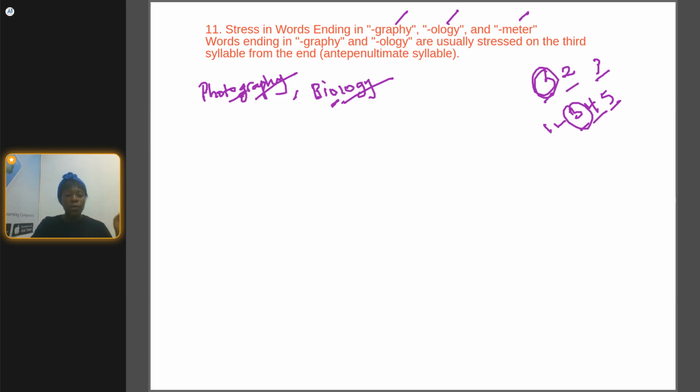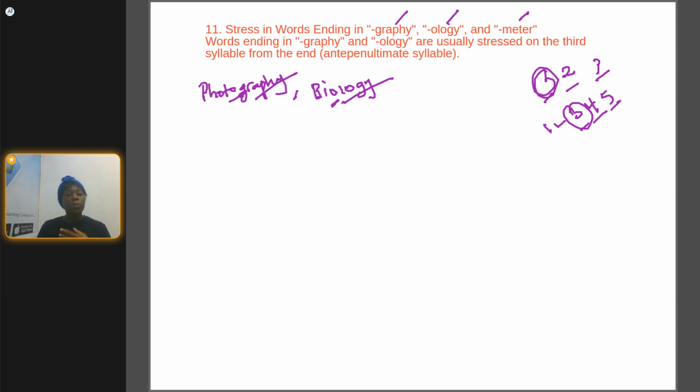Then we looked at rule number 5 that talks about two-syllable words that are nouns or adjectives. Just know that the first syllable is usually stressed. Then rule number 6, two-syllable words that are either a verb or preposition, the stress is usually on the second syllable.